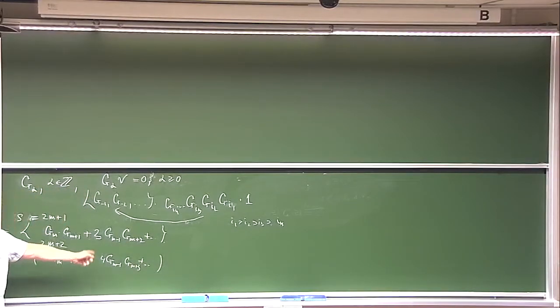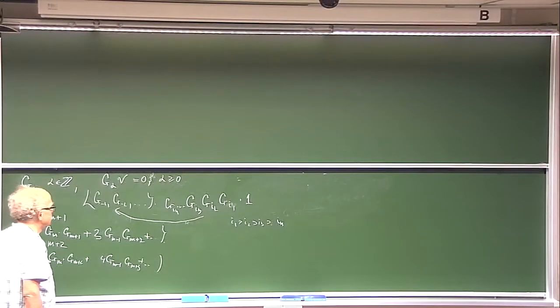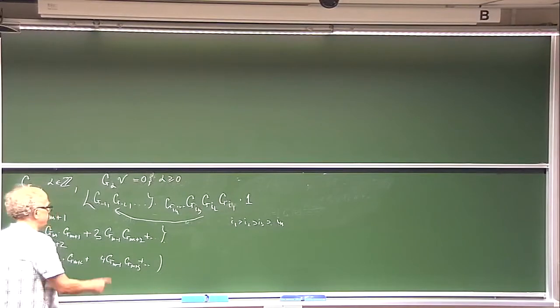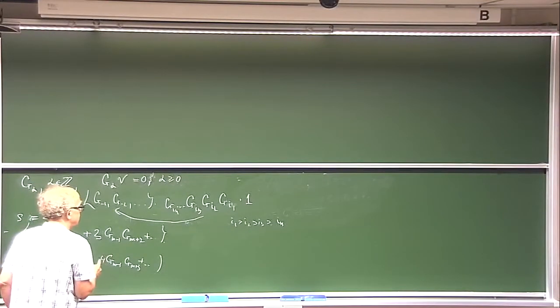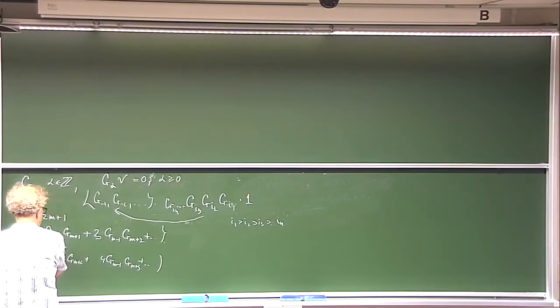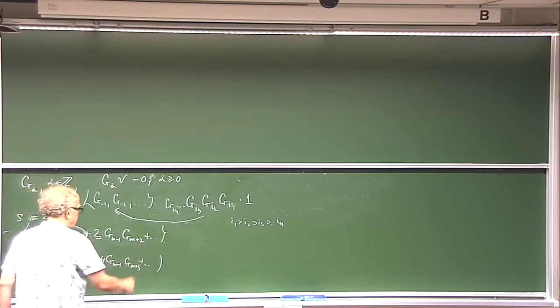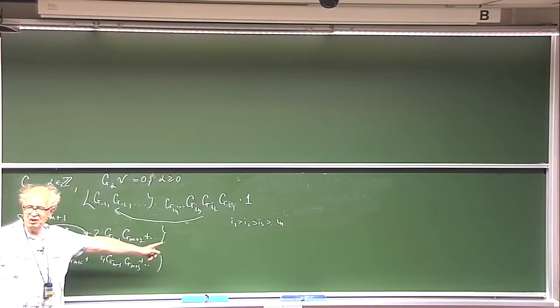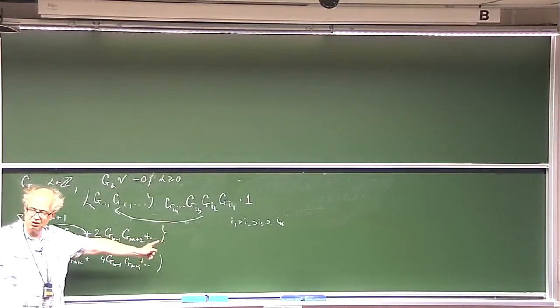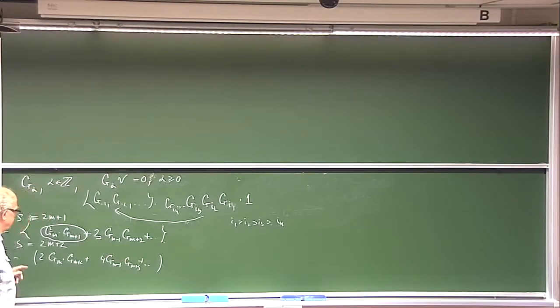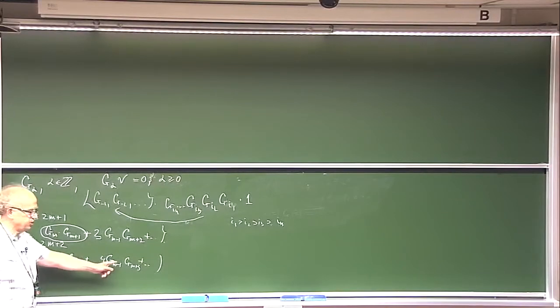So our relations look like this. And using this relation, from the point of view of the basis, it means that if in the basis we have an element like this, we can rewrite it as a sum of elements here, because this sum has to be equal to 0 from the relation, and these terms also have to be equal to 0.